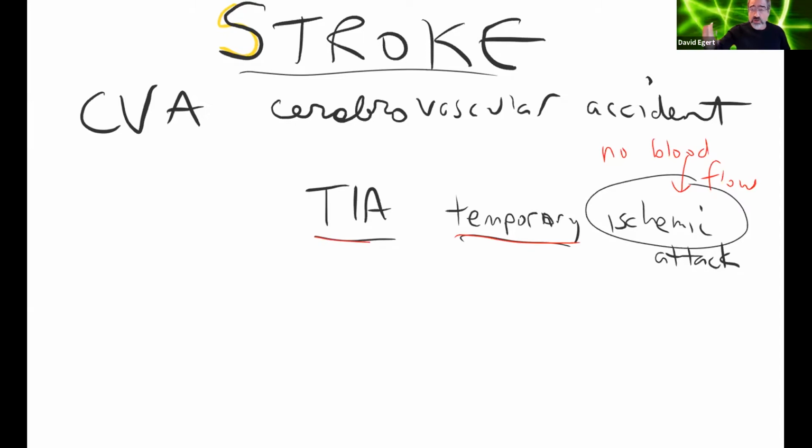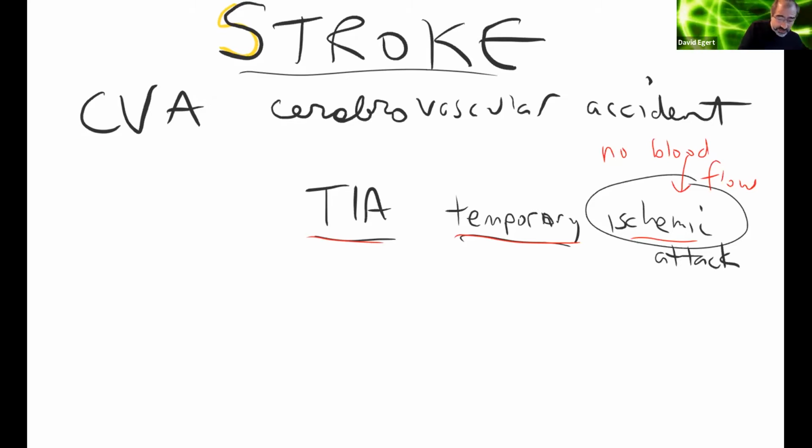TIA can also be used in a heart attack, right? A heart attack is also a block of blood flow. If you have a temporary ischemic attack in your coronary arteries, that's what we call angina pectoris, like crushing pain in my chest, but then it resolves. You're okay again. If the blood flow doesn't return to your heart, then you've got a heart attack and you're starting to lose muscle and stuff.